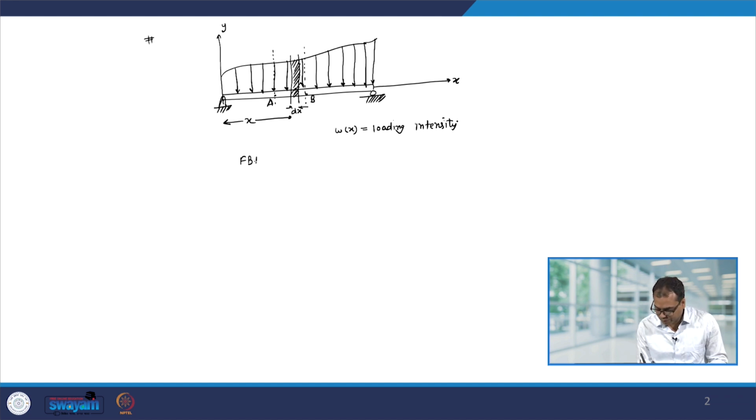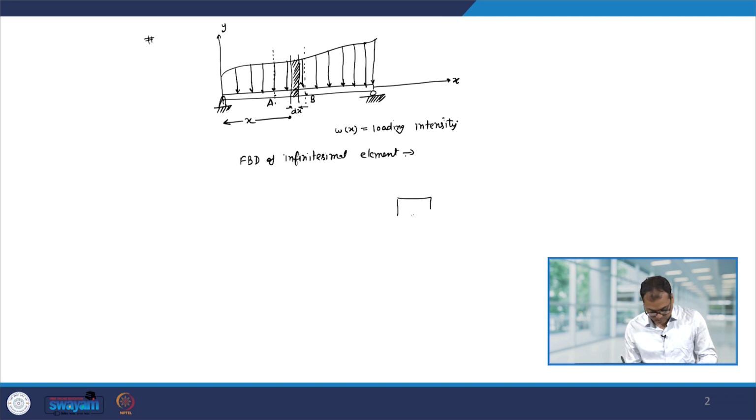So, the free body diagram of the infinitesimal element dx. We have this part, so this is dx, and on the left hand side let us follow the positive convention.